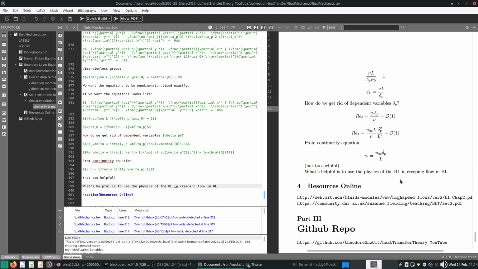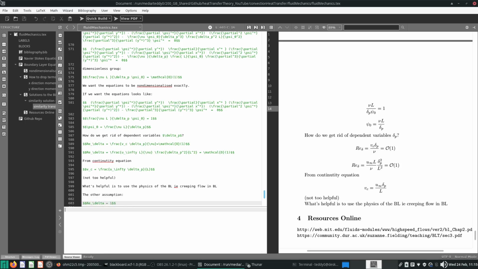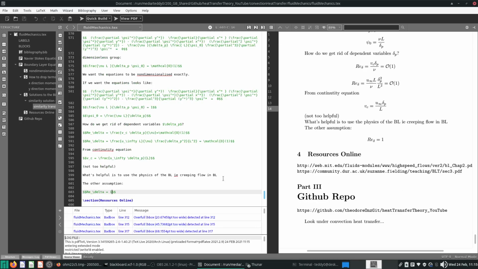Alright, so the other assumption we make is that Re delta equals 1 exactly. This is an okay, reasonable assumption, but anyway, it's just to help us with some maths.